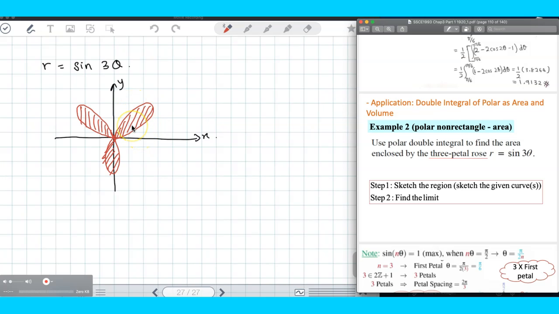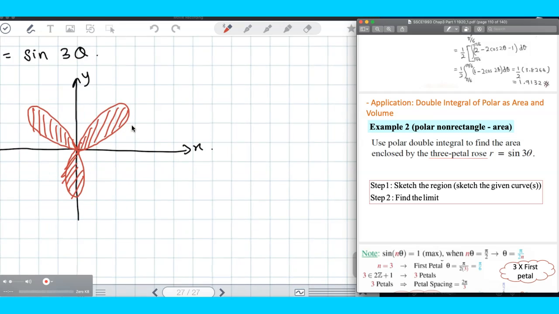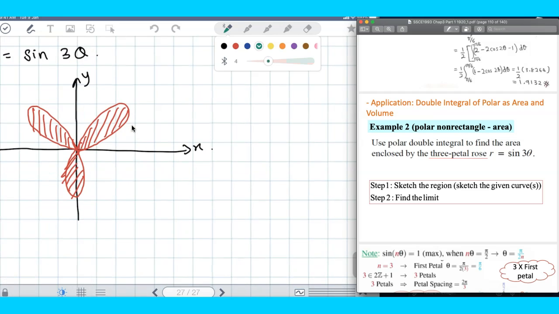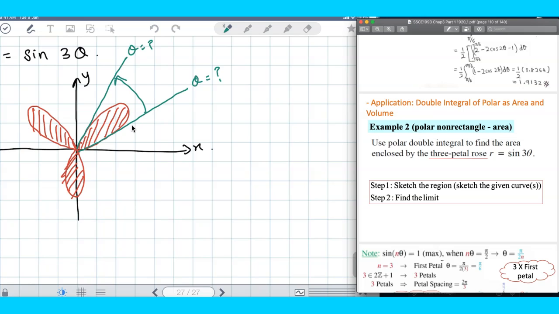So you should know the angle, the theta that we should have. You have to find the theta of this, and the theta of this. How can we get that?